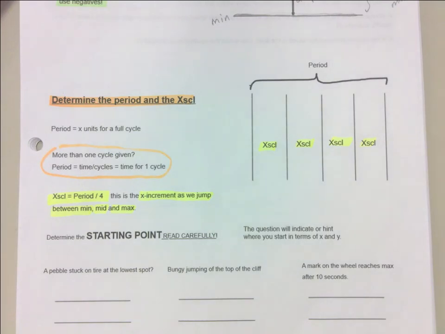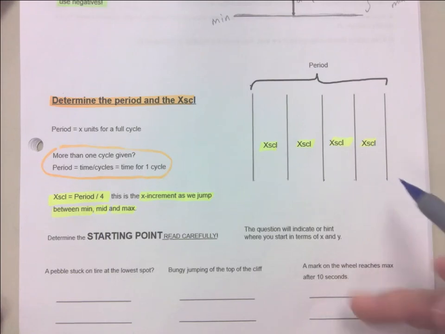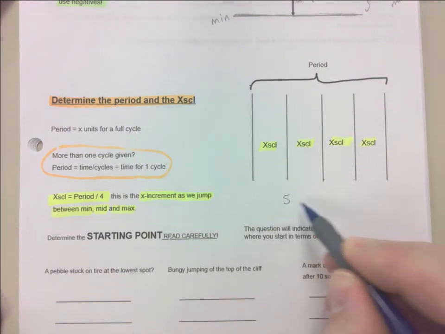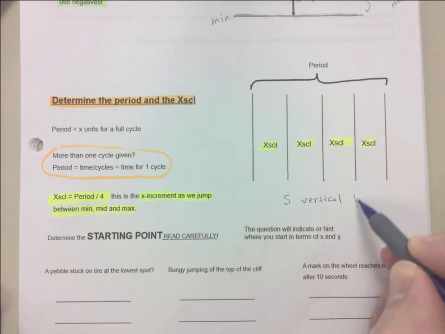That's why we're going to do that. Every time we're going to split our period in 4. And you end up with 5 vertical lines.